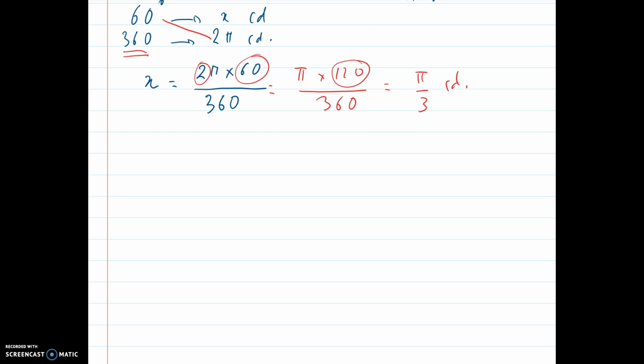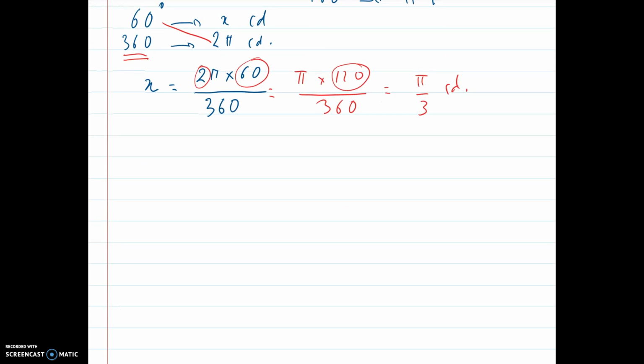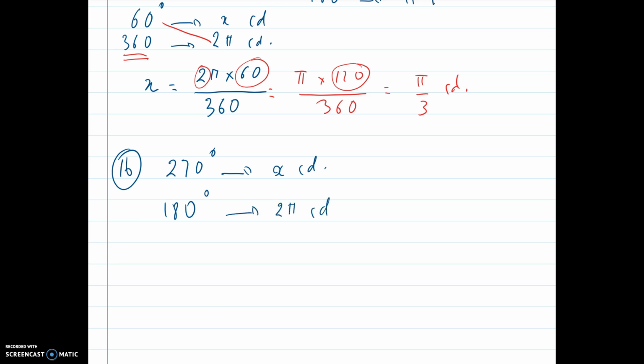All right, let's continue. Problem number 16. If I want to do problem number 16, 270 degrees correspond to x radian, and let's try to do it with 180 degrees corresponding to 2 pi radian.